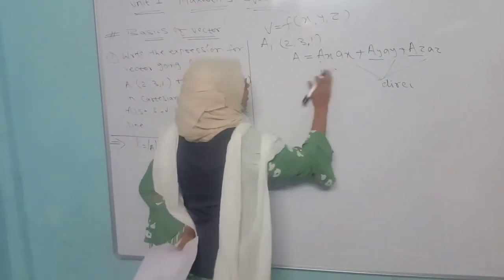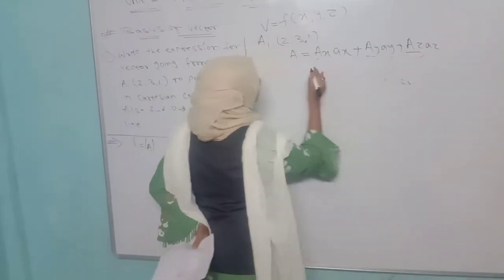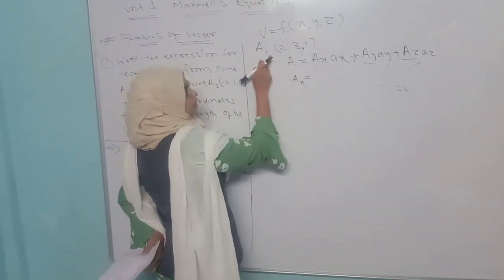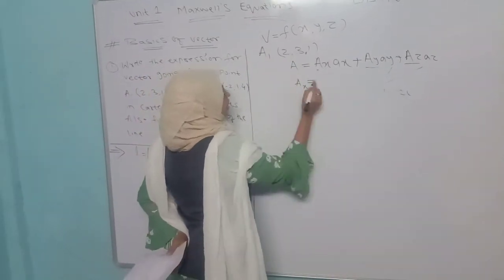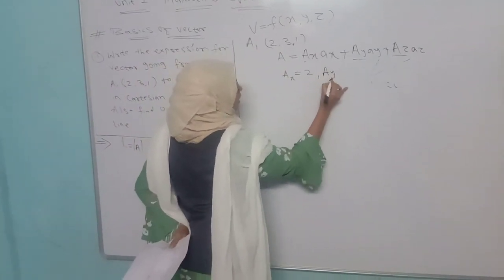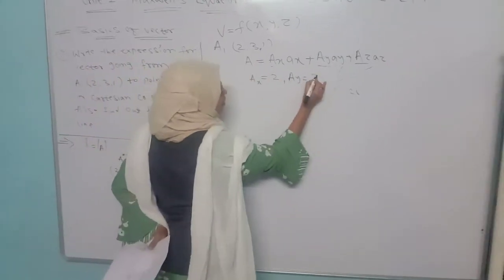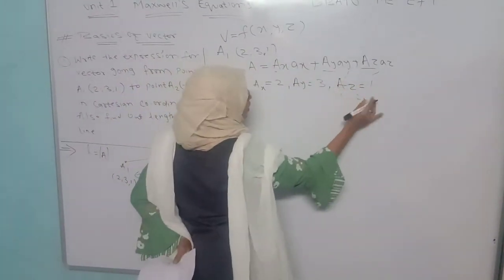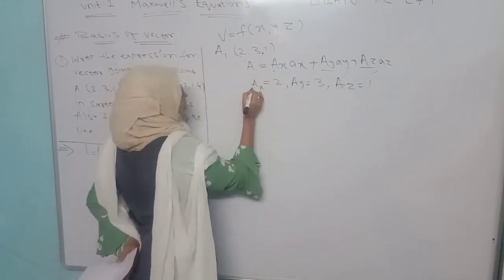With the help of the above points, what is my Ax? My Ax is 2. My Ay is 3. My Az is 1. Now substitute in the equation.